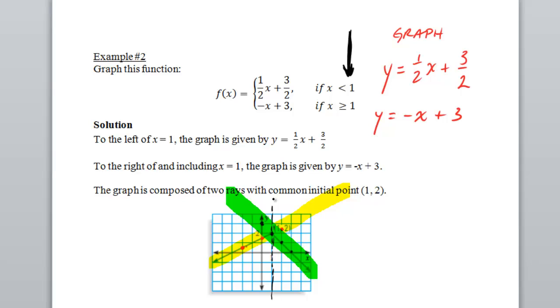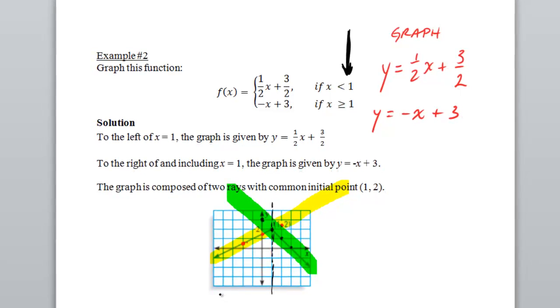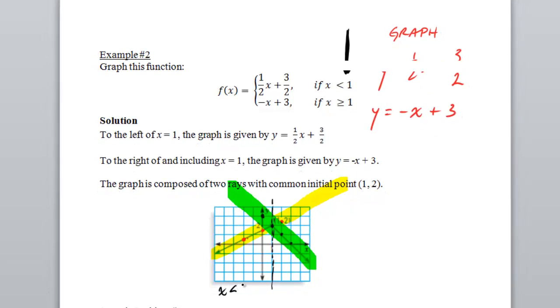It says I'm going to graph 1/2 x plus 3/2 for all the x values that are less than 1. All x values that are less than 1 are over here on this side of the graph. So I need to graph the part of the line that is on this side of that line, and I can erase that highlighted part.